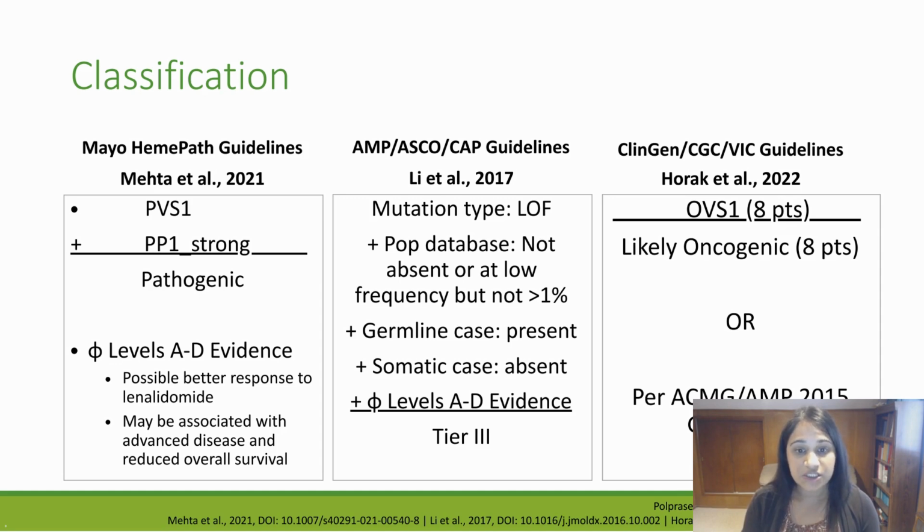The ClinGen CGC-VICC 2022 guidelines have the same basis as our guidelines, but there are some differences for certain criteria, and a quantitative approach was encouraged. For this example, if it was unknown that DDX41 was associated with a germline predisposition, this variant would meet the OVS1 criterion, which is identical to PVS1, and the variant would still be reported as likely oncogenic.